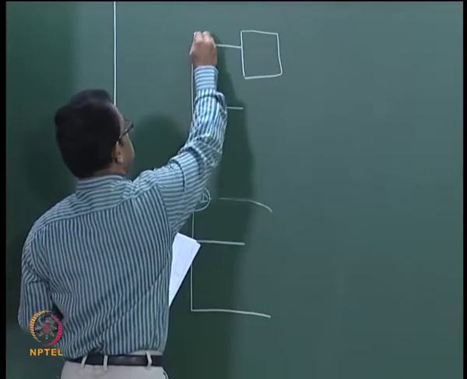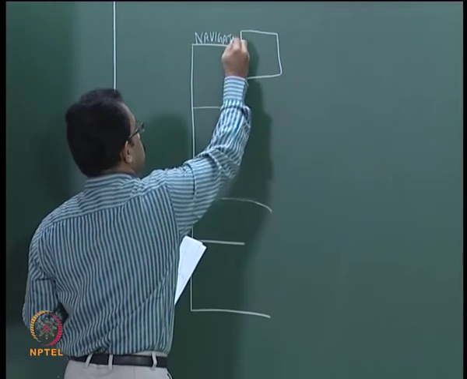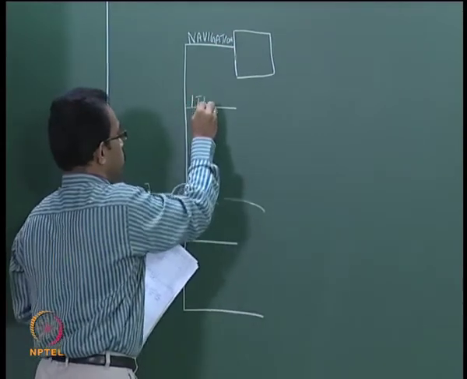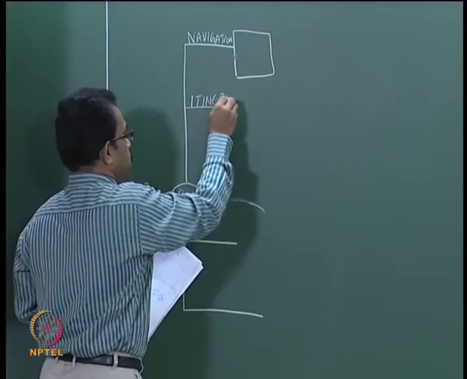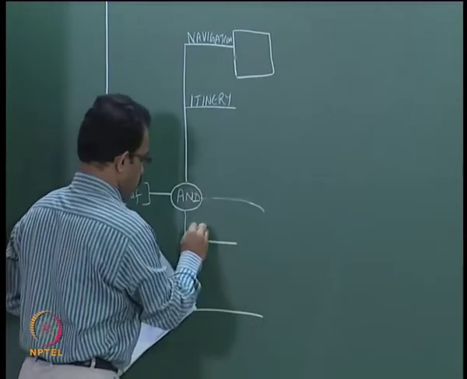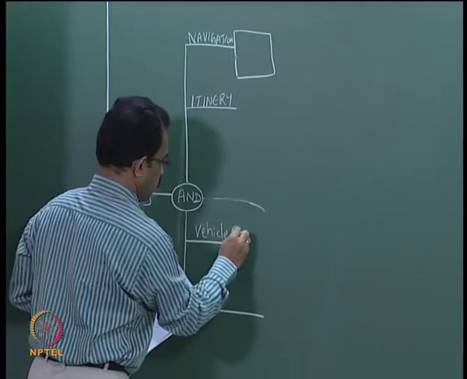So this is the navigation activities. This is the itinerary of the passenger or the person who is using the system, and this is the vehicle condition function, basically looking at the status of the vehicle.